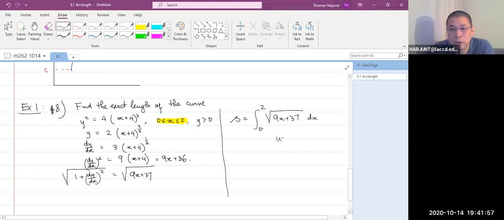Now from here, u equals 9x plus 37, so du is 9 dx. u at 0 is 37. u at 2 plus 18 is 45.